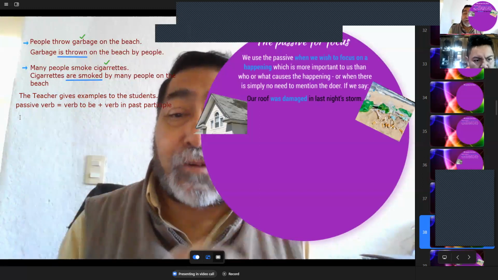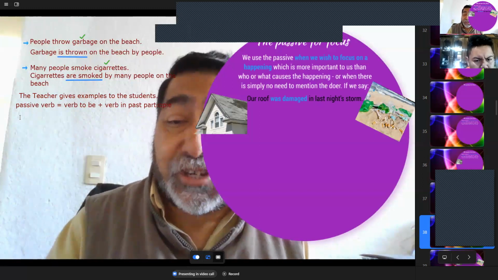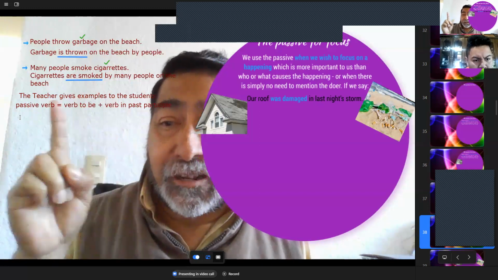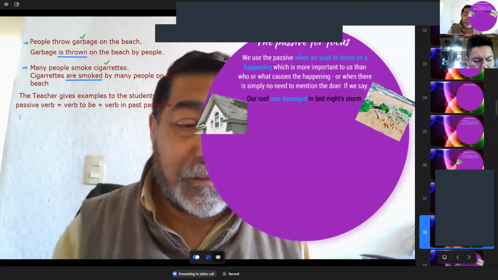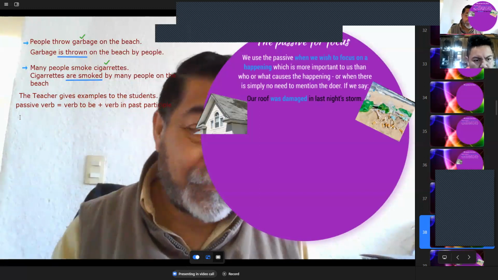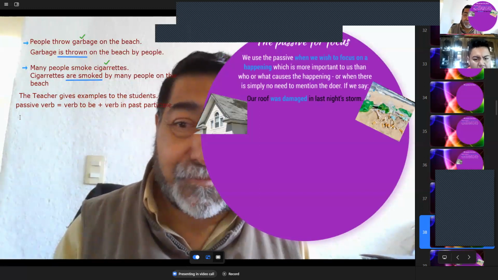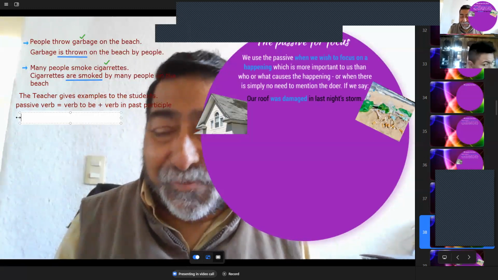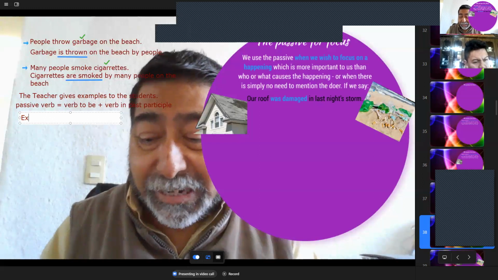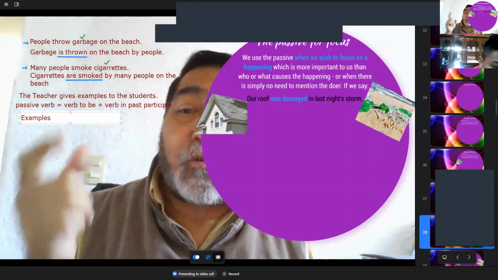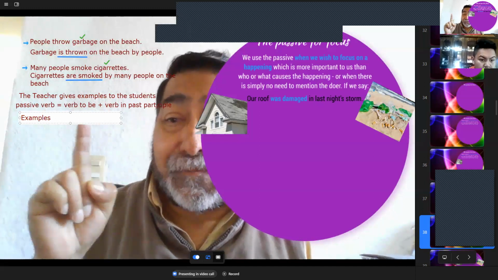Okay, what is the object? ¿Cuál es el objeto de mi oración? What is the object of my sentence? Examples, okay, very good. So we start with examples.